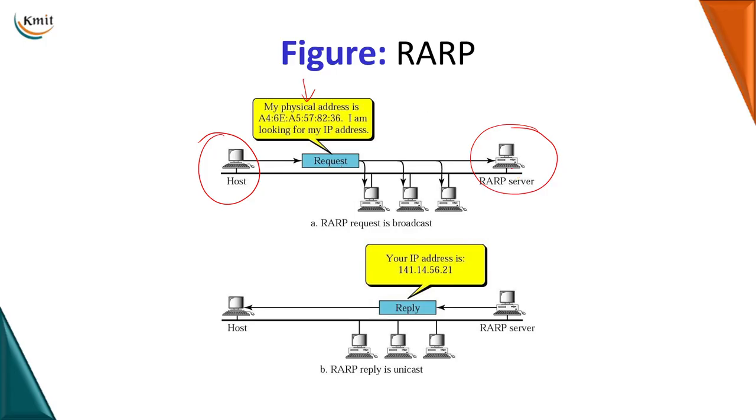So our RARP server will take the request for a particular IP address and then give a reply. The RARP request is broadcasted, taken by a RARP server, and the RARP server gives a reply which is unicasted to that particular device. This is my physical address and this is the IP address being assigned by the RARP server.